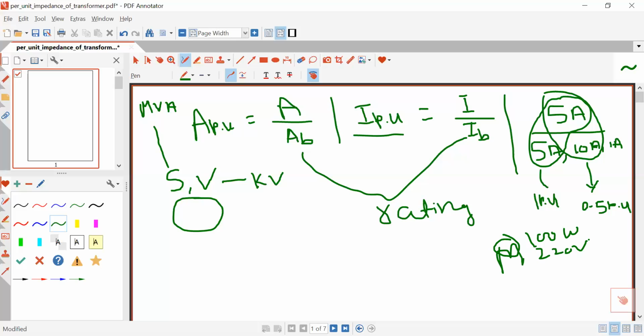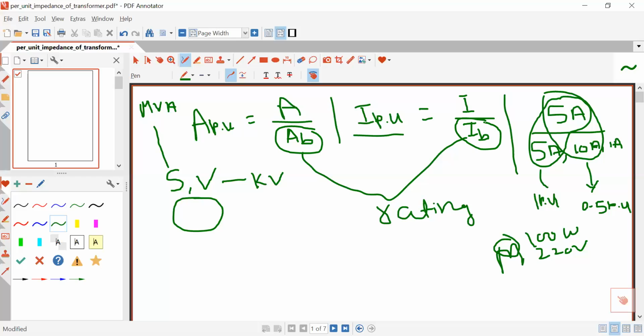So the main task is to convert the base value in terms of the rating of the machine. If you convert the base value in terms of the rating of the machine, then it would be very easy to convert conventional unit in per unit, because ratings are already available with the machine.